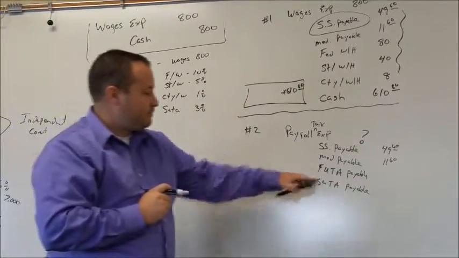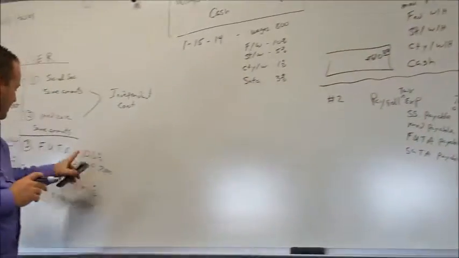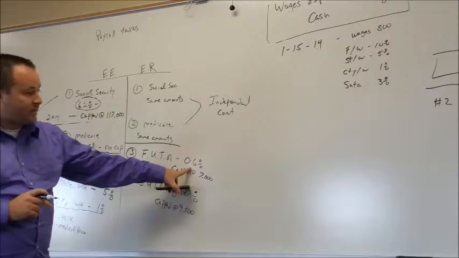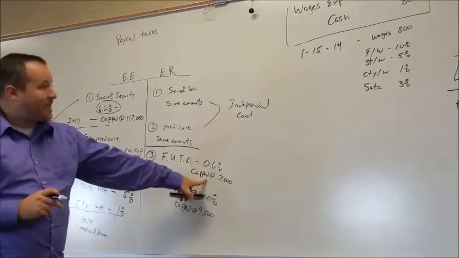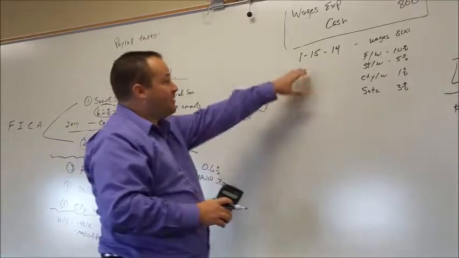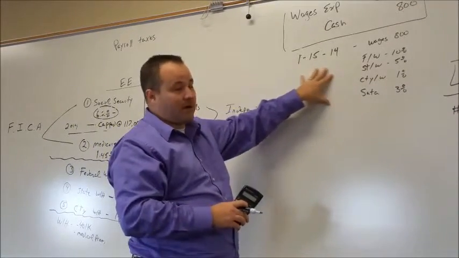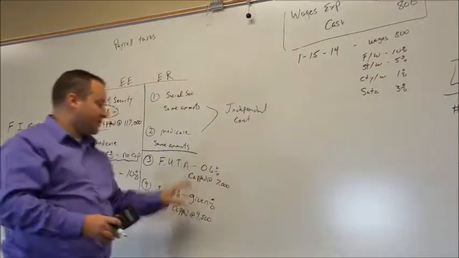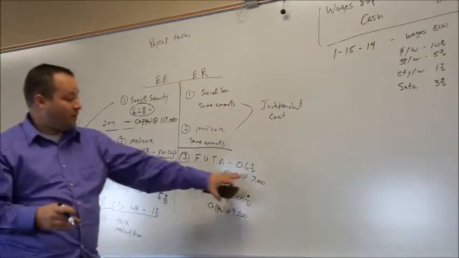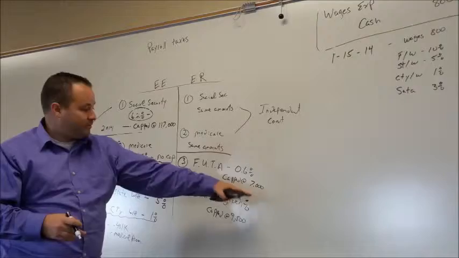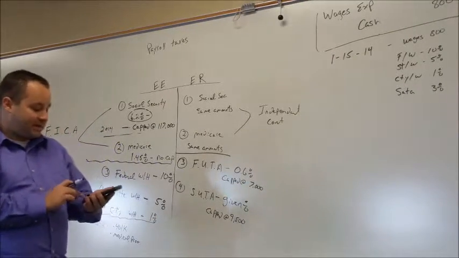The FUTA tax, well, I want you to remember this, is 0.6%. It's capped at 7,000. Once we earn 7,000, that's it. This is the very beginning of the year in this problem. We haven't earned anything, so we're not up near that cap yet. We've only earned 800, and so 800 compared to 7,000, we haven't hit it.